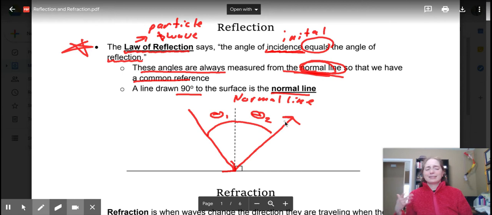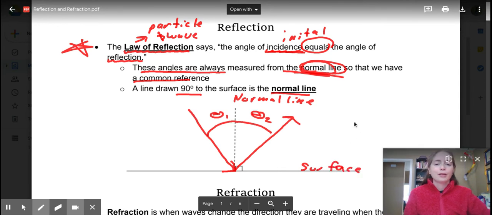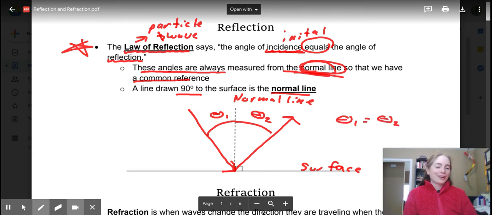Please keep in mind, this is not to scale. Artwork is not great. And this is our surface. So the value of our theta of incidence is going to equal our theta of reflection. If theta 1 is 20 degrees, theta 2 is 20 degrees, and it's always in comparison to the normal.